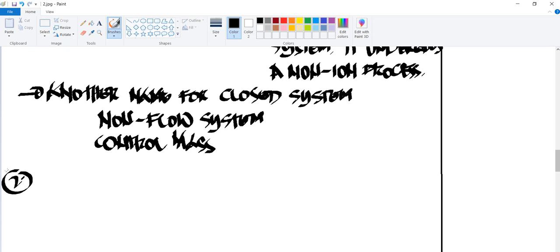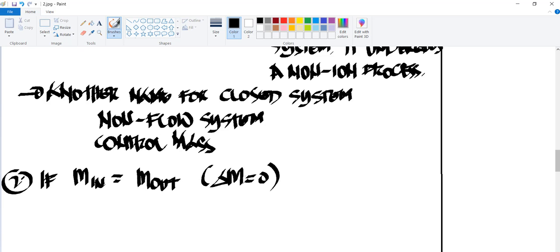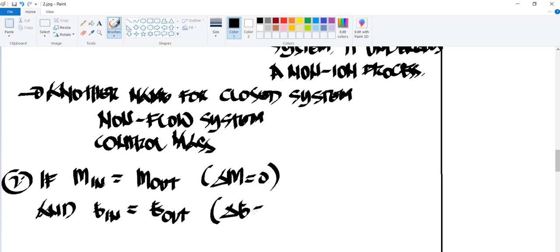Now number 2, if the mass in is equal to mass out, then your change of mass is equal to 0, and the energy in is equal to energy out, or the change in energy is 0, then the system is an open system.